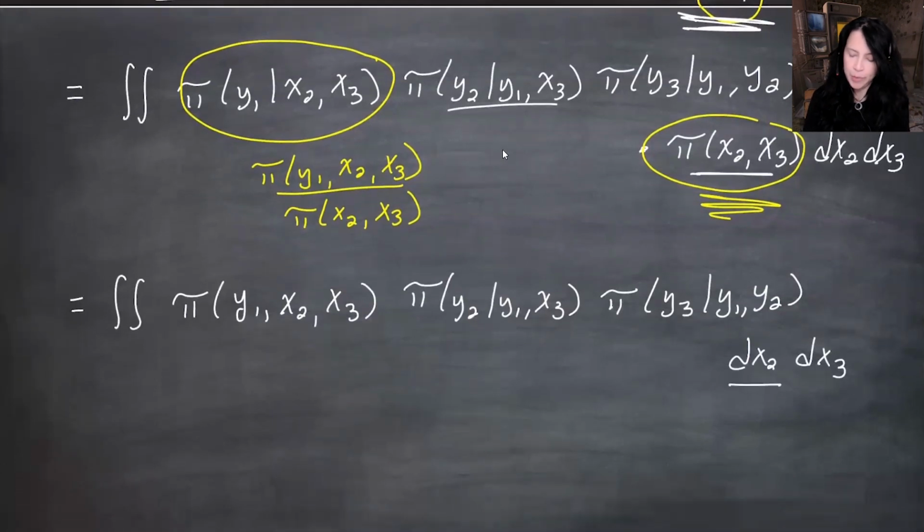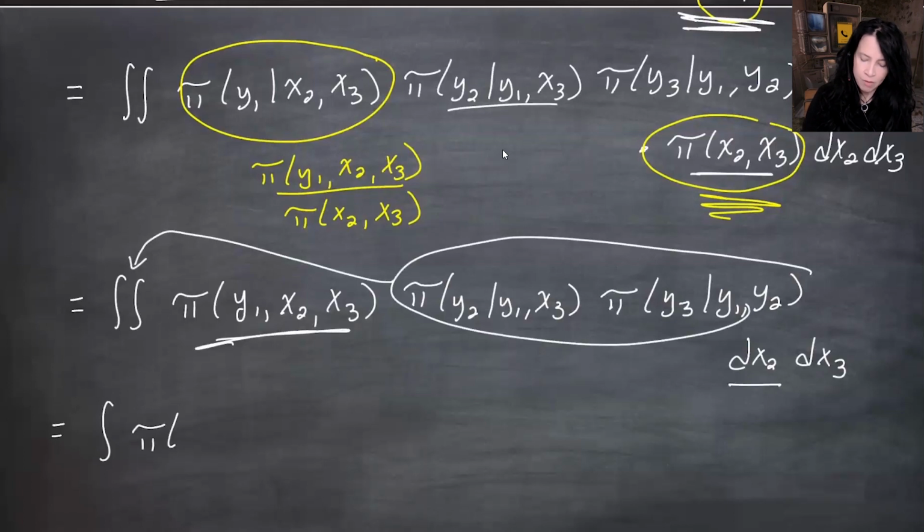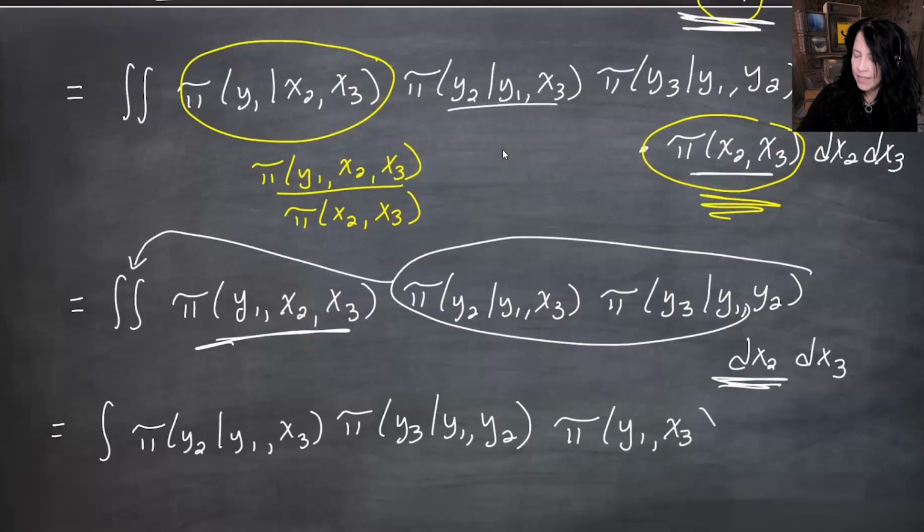The next integral is with respect to x2, and the only place I have an x2 is right here. So both of these guys come out of the x2 integral. So I'm left with the integral of pi of y2 given y1 and x3, pi of y3 given y1 and y2, and the remaining integral of pi y1, x2, x3 with x2 integrated out gives me, we go down to a marginal of y1 and x3, and then a dx3.